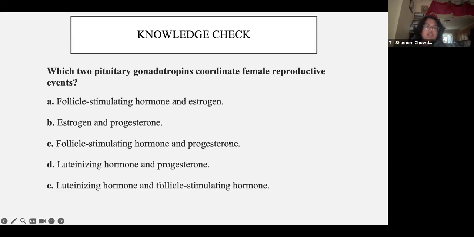What two pituitary gonadotropins coordinate female reproductive events? Basically, what two are the main hormones responsible?